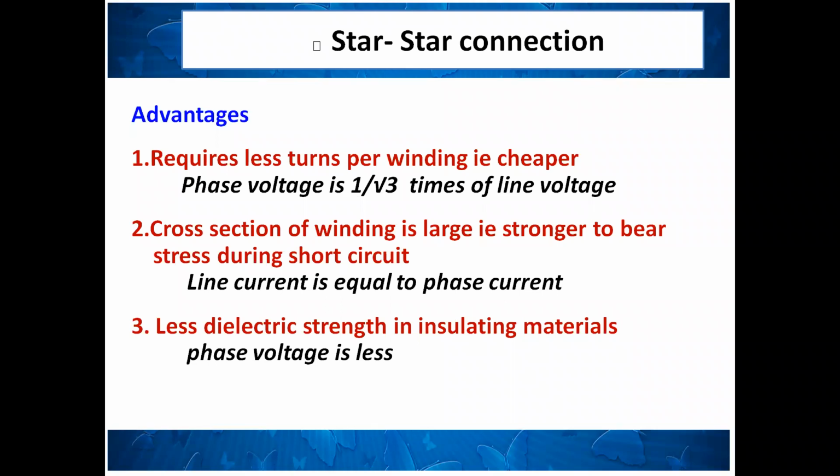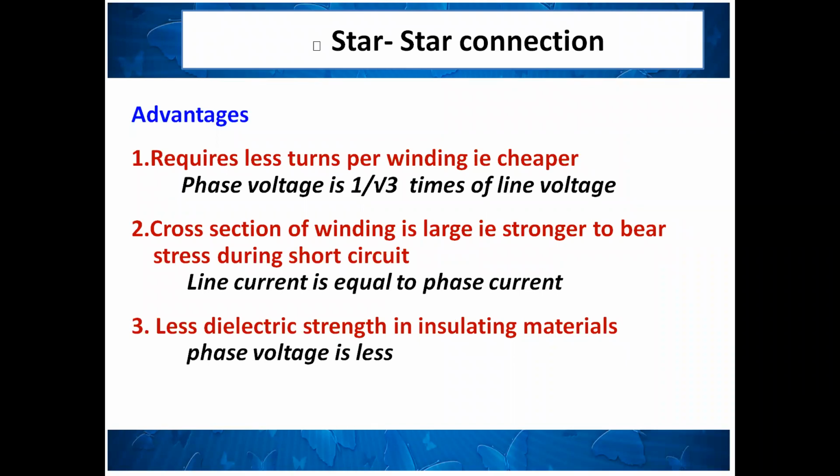Sometimes a question is asked: why is your alternator always star connected? Alternator means AC generator winding. There is an advantage in star connection. First, the voltage across each coil is less, 1 by root 3 times. In delta connection, line voltage equals phase voltage.